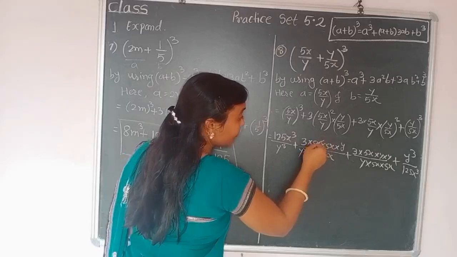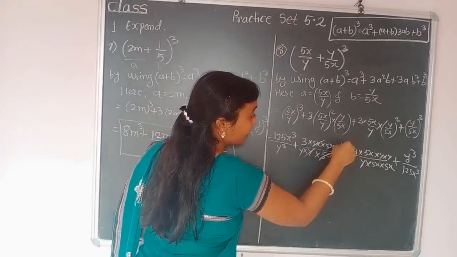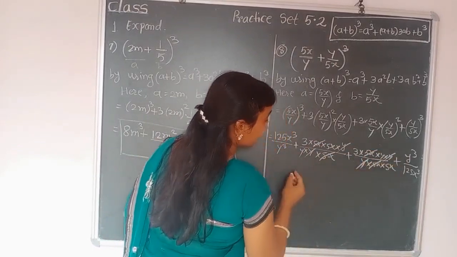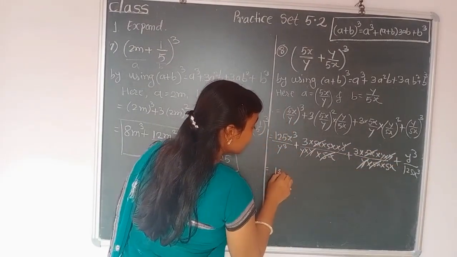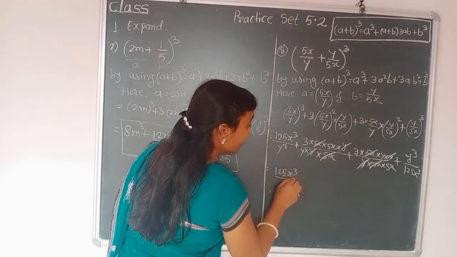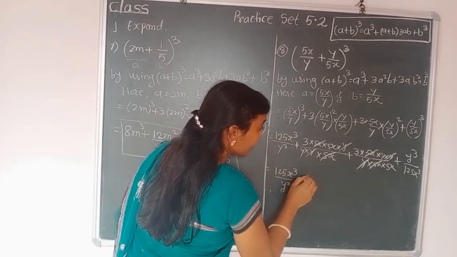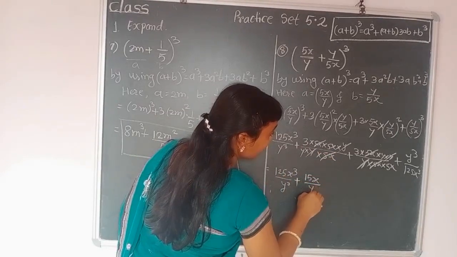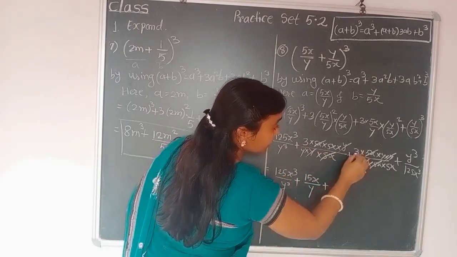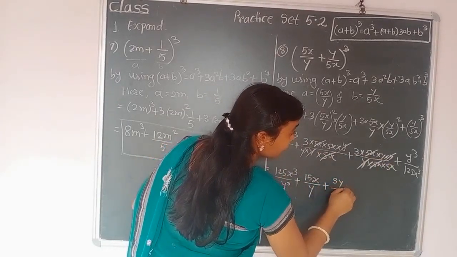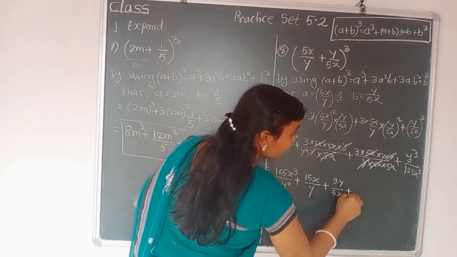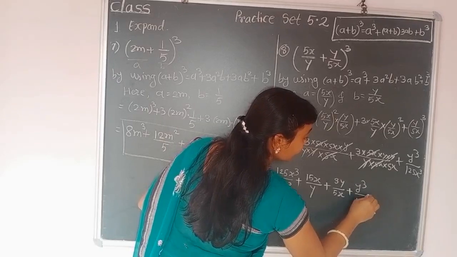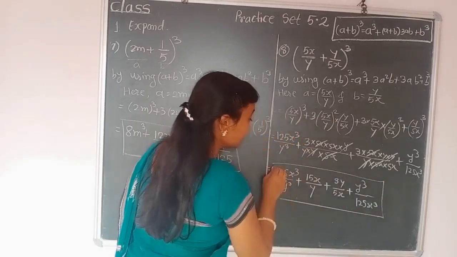Then cancel here: 5x cancels, y cancels, 5x cancels, here also y cancels. Then what is the remaining answer? 125x cube upon y cube plus 5 3 is 15x upon y plus 3y upon 5x plus y cube upon 125x cube. This is our last answer.